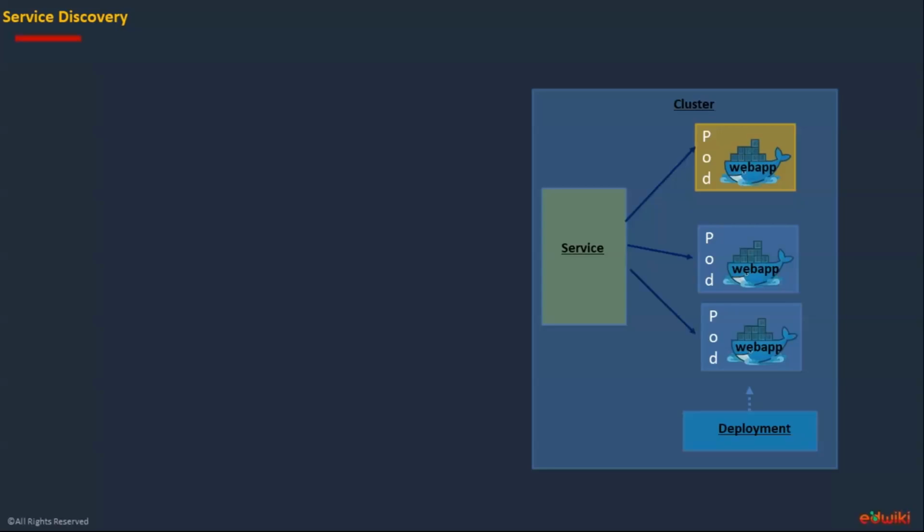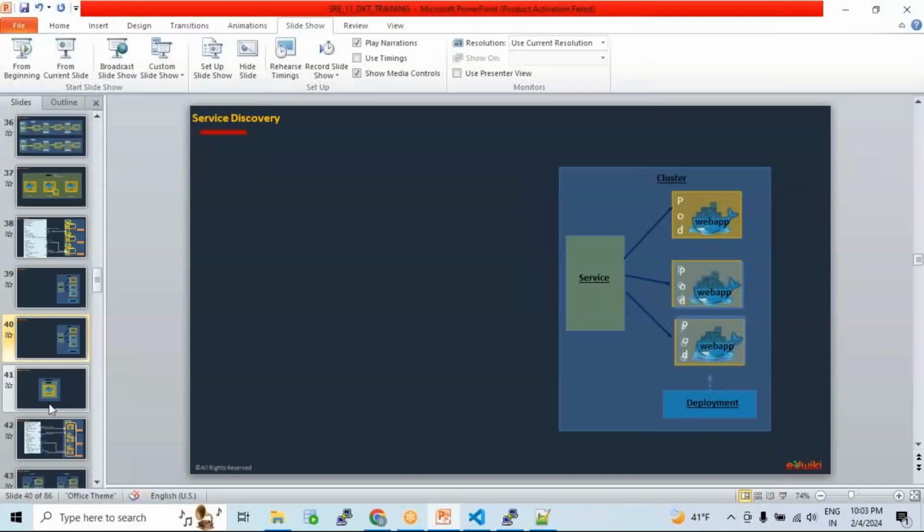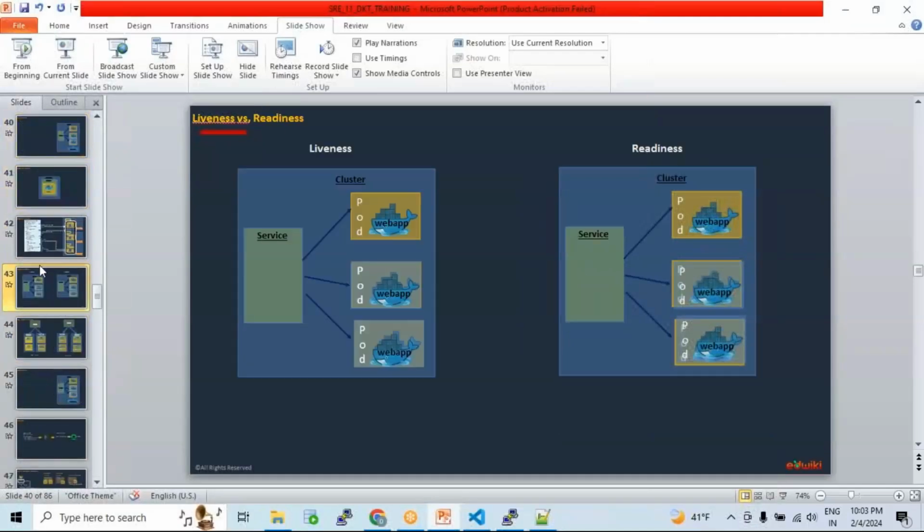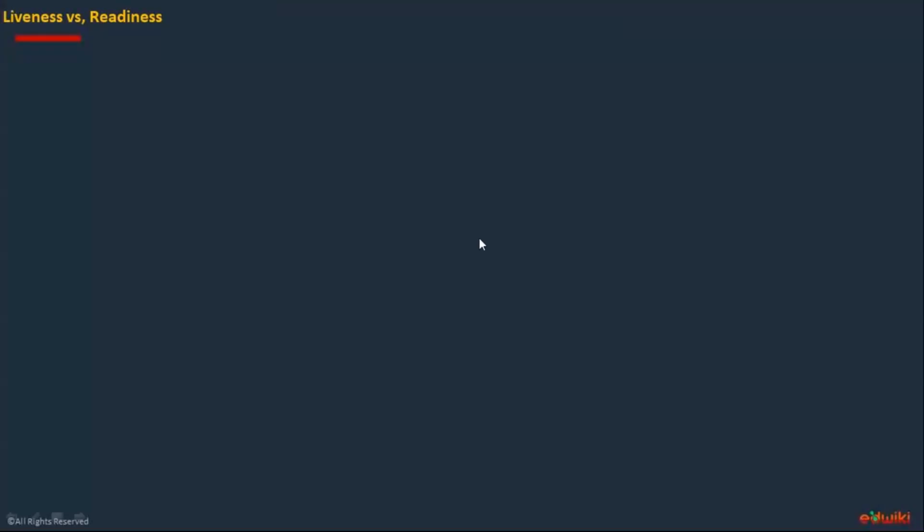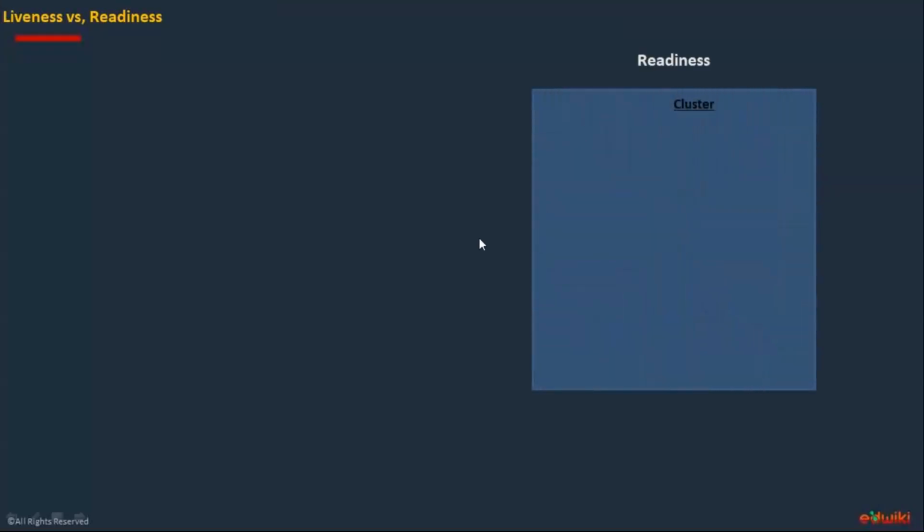So to do those health checks, we need to implement a health checking concept, which is the liveness and the readiness concept. I'm talking about the features of deployment, and this is one of the features. The readiness is one of the health checks.